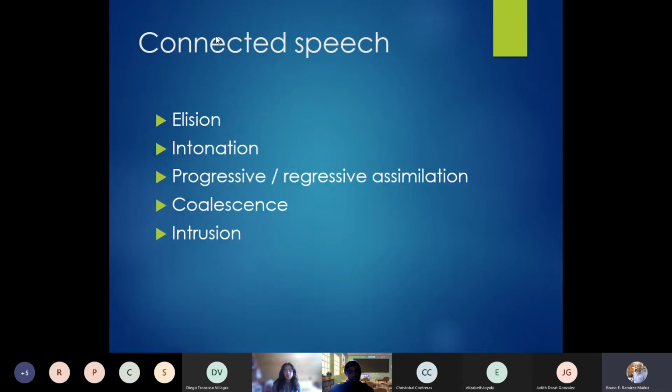What else do you remember being elements of connected speech? Features of connected speech. Come again? Rhythm. Rhythm, all right. How do you spell rhythm? Because I always forget how to spell the word. R-H-Y-T-H-M. Perfect, thanks so much.